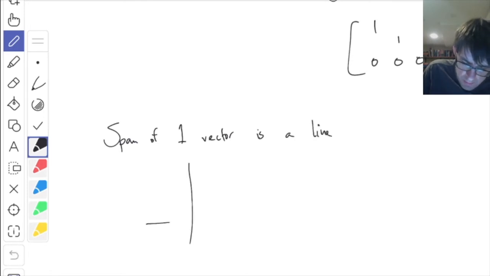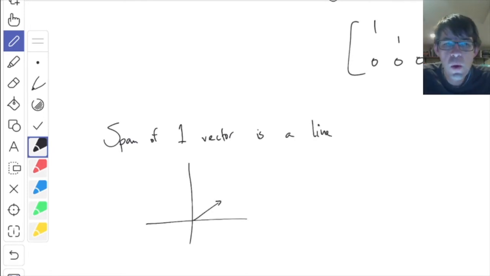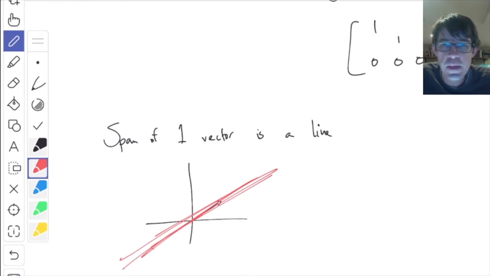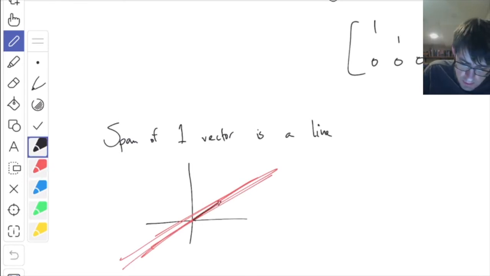If I have just one vector and I ask you, what are all the other vectors I can get by adding this vector to itself with various constants in front? The answer is all the vectors you can get by adding this one vector to itself would just be any other vector in that direction. So the span of one single vector will be the entire line which contains that vector.